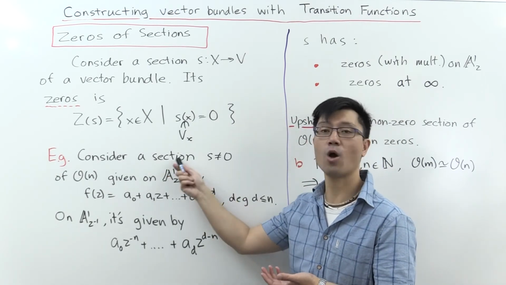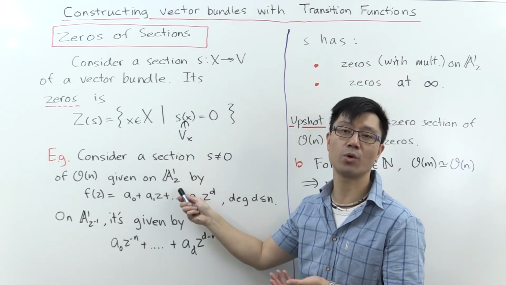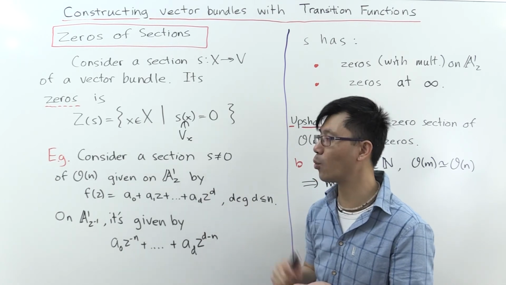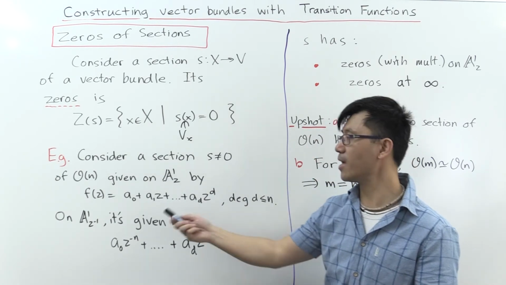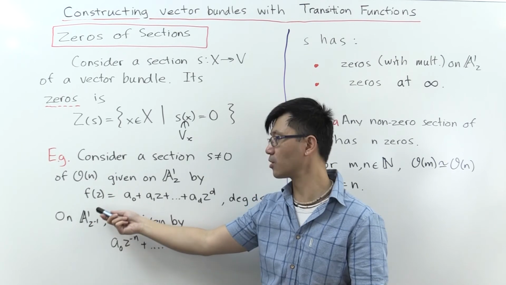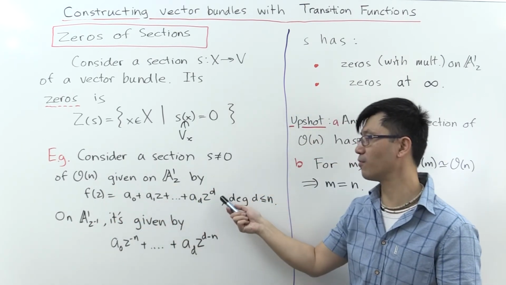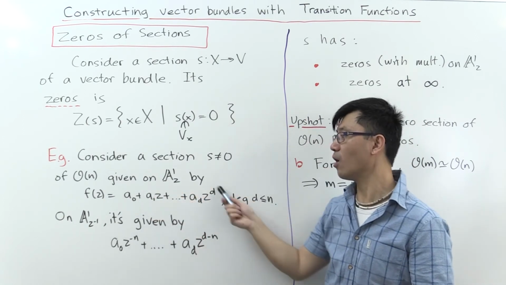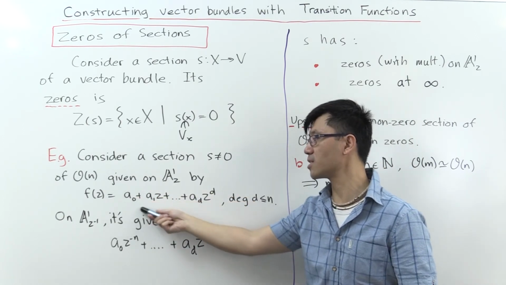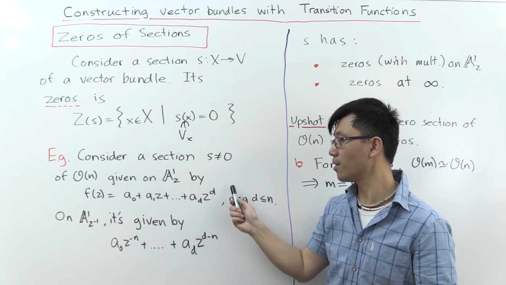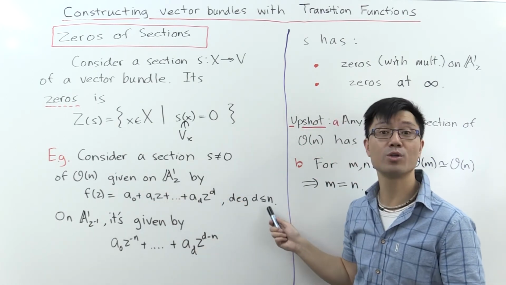We looked on each of the open patches. So we can look on this open patch here, the affine line with coordinate z, the neighborhood of 0, where we throw away infinity. And there it's just given by some holomorphic function f of z, which to be holomorphic also at infinity, we require firstly that this is a polynomial, and also that the degree of this polynomial is at most n.